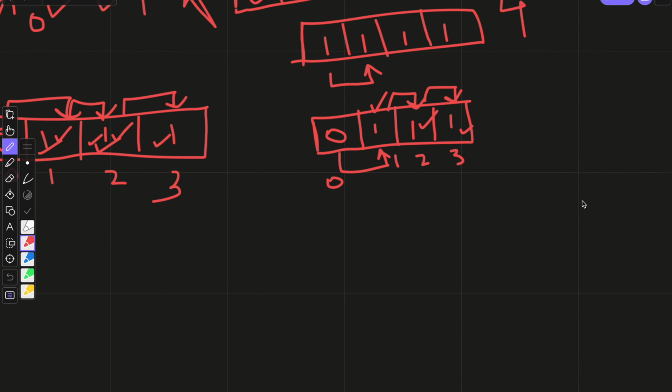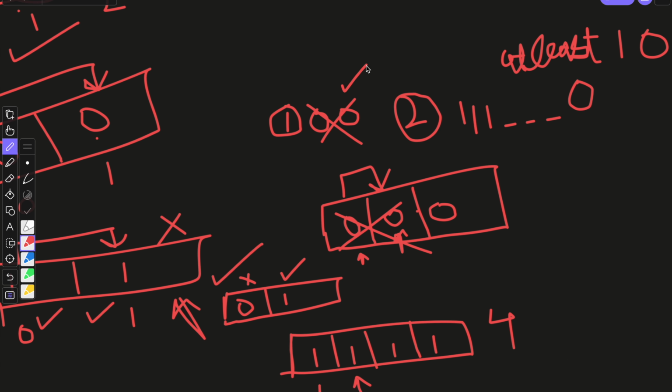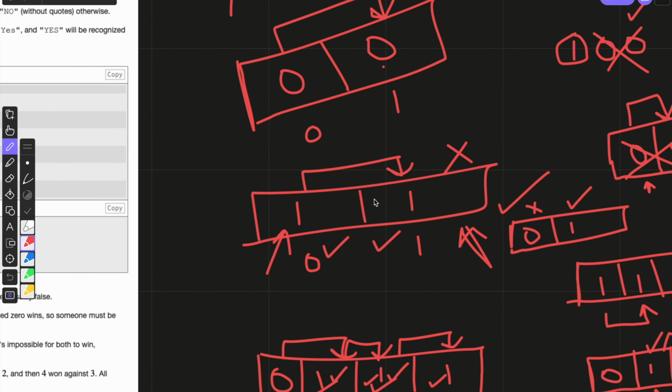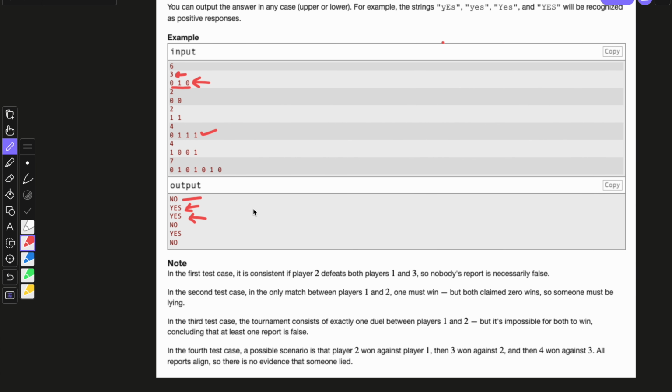Okay, so these are the only things that we have to take care of. There cannot be any consecutive zeros, and there can be consecutive ones if and only if there is at least one 0. Let's see the other test cases, if our observation works or not.